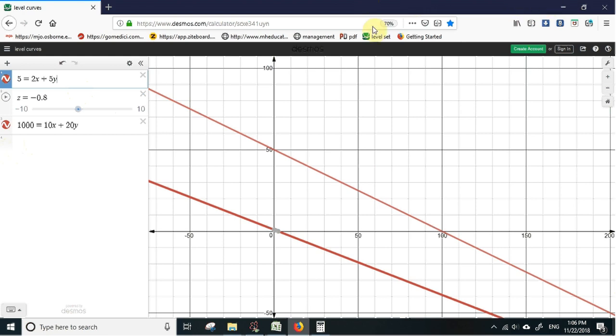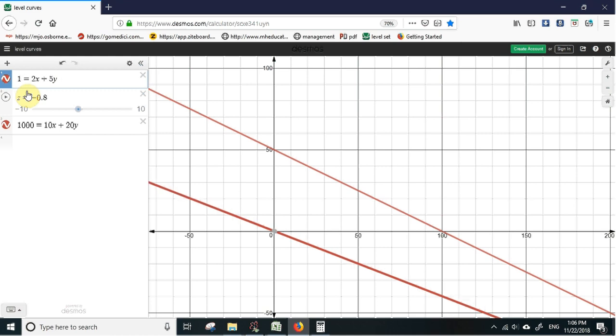In this graph I have plotted the budget constraint. So this line is the budget constraint, and I have plotted the utility function. So if I increase the value of the utility function, I shift the indifference curve upward.